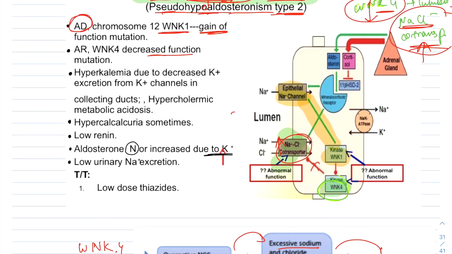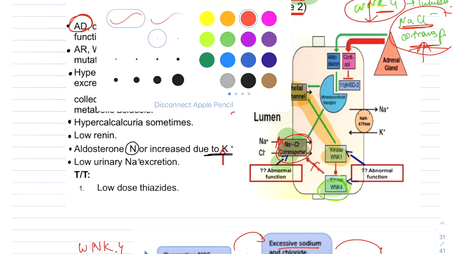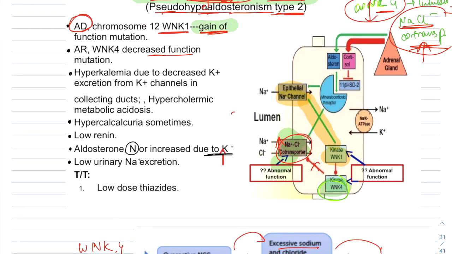So just to summarize, a gain of function mutation in WNK1 will lead to excessive action of the epithelial sodium channels, thus causing hypertension by increased sodium reabsorption through the epithelial sodium channels.